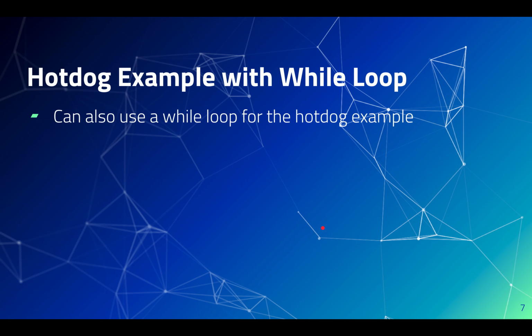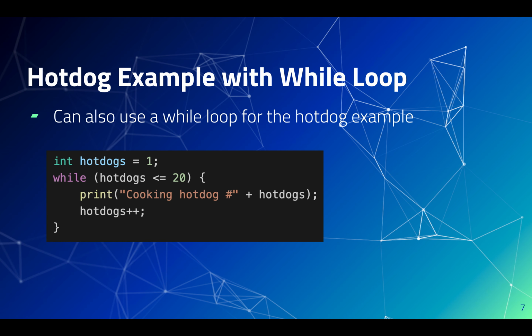Now I'll show you how to code the hot dog example using a while loop. So first we have the initialization, which is creating the variable. Notice how we do it outside of the actual loop when we're doing it with a while loop. And it's just created like any other variable we've seen before. And now we have our while loop, and inside of it we put our condition.